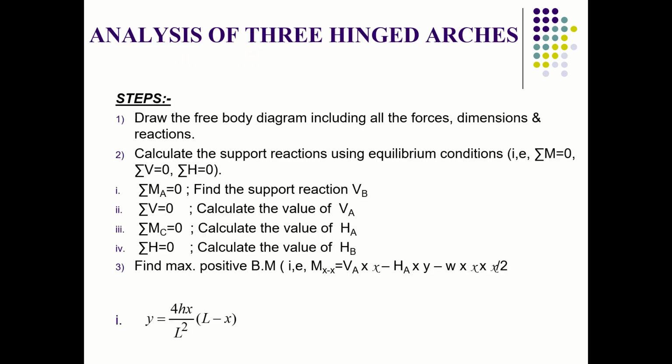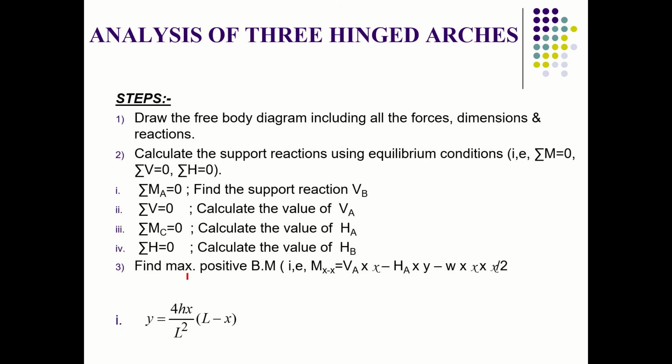Now we are moving to the steps involved in the analysis of three hinged arches. Step number 1 is to draw the free body diagram including all the forces, dimensions and reactions. Number 2, calculate the support reactions using equilibrium conditions, for example VB, VA, HA, HB.